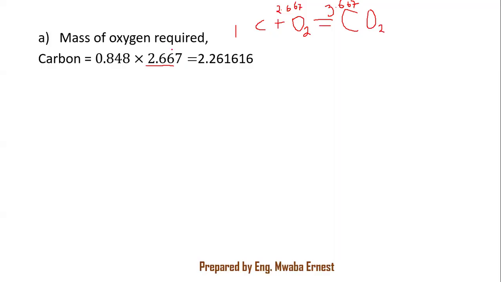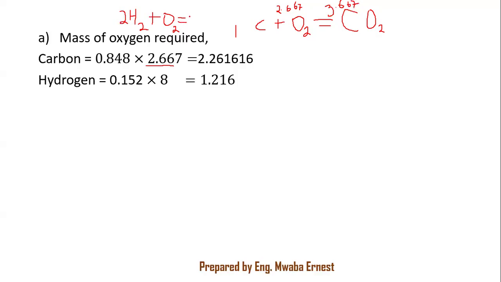Do the same for hydrogen. For hydrogen, when you say H2 plus O2, in fact, when you balance that equation, you have something like this. It's 2H2 plus O2 is equal to, what do we get? We get water vapor.